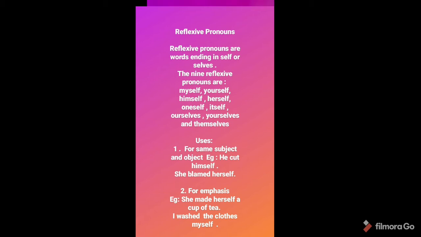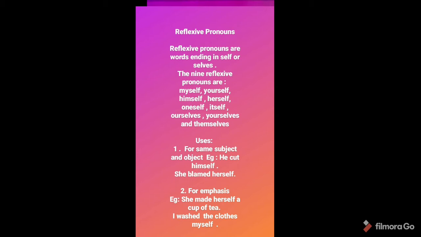In this lesson, so many times reflexive pronouns have been used. So first of all, we must know what reflexive pronouns are. Reflexive pronouns are such pronouns which end in self or selves.